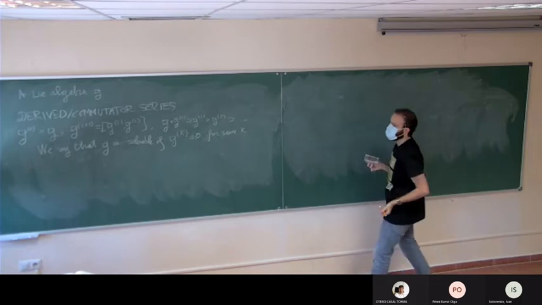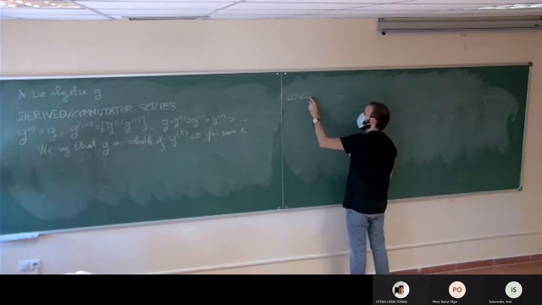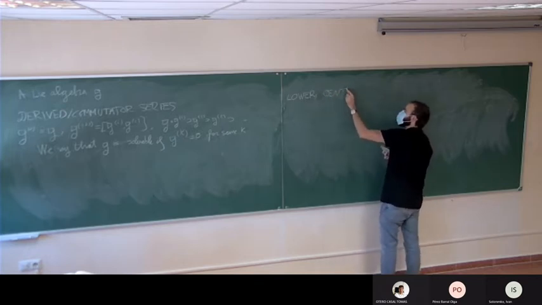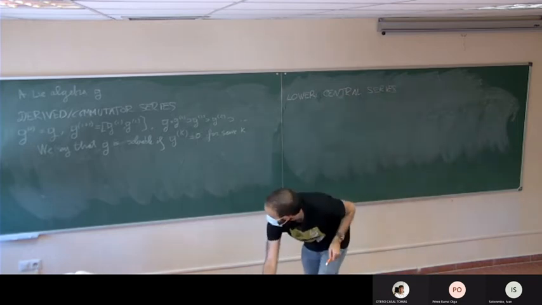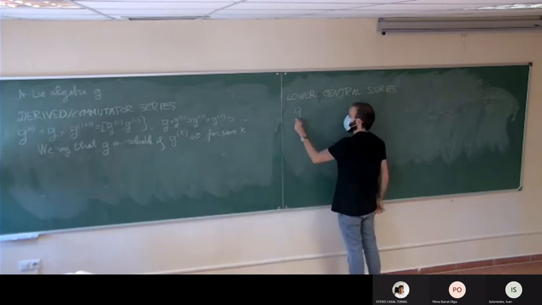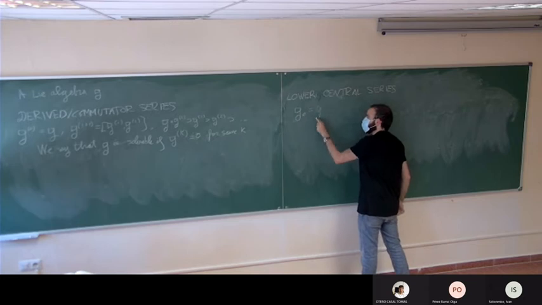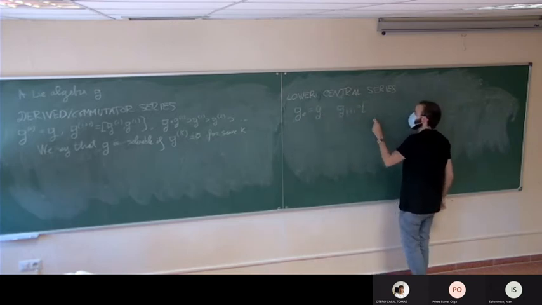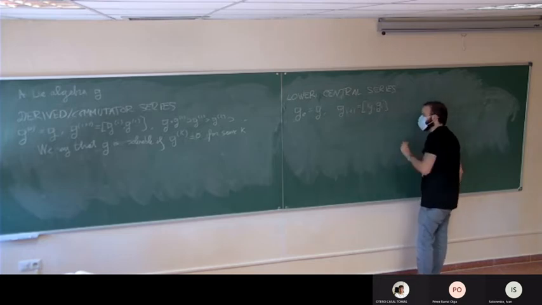And apart from the commutator series, we have the lower central series, which is defined in the following way. Now we start with G_0, which will be G, and G_{i+1} will be the commutator of G with G_i.